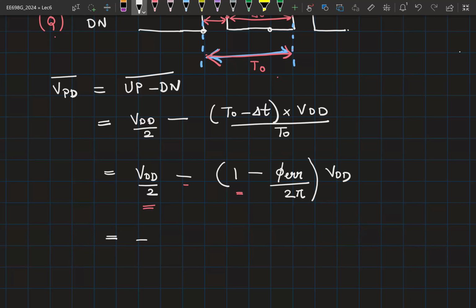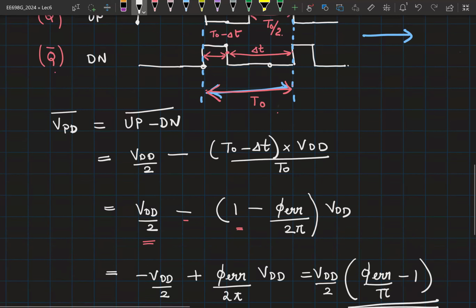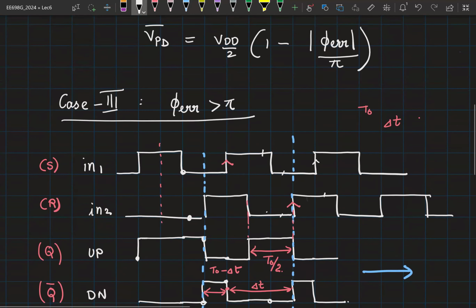So that gives you minus VDD by 2 plus phase error by 2 pi into VDD. So I take the VDD out and the expression is phase error by 2 pi minus 1. Take 2 common. Sorry, 2 is common. Phase error by pi minus 1. So this is the same expression that you got when phase error was greater than 0, right? So looks like the expression is valid beyond pi also.